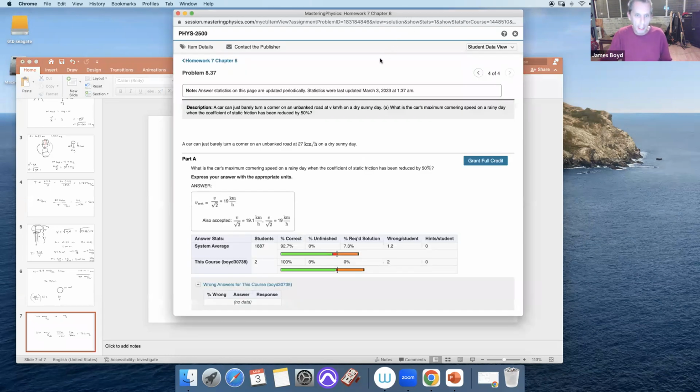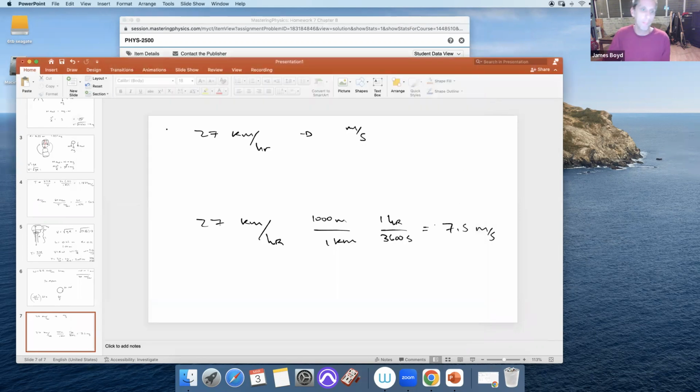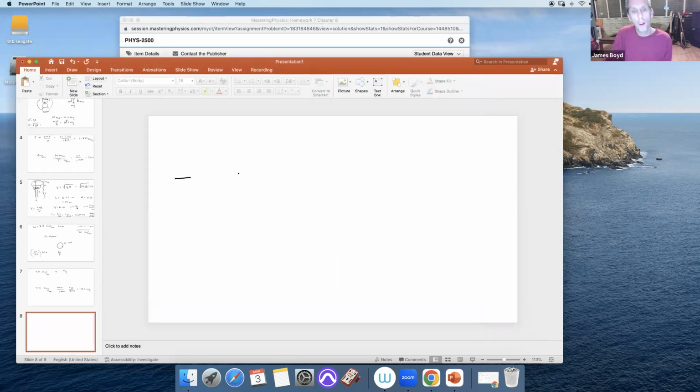Now, what this is saying is the car's maximum cornering speed on a dry day, or 7.5. But what happens when its coefficient of static friction is reduced by 50% because it's raining? So to go back and look at this, when we're on a flat road and we're taking a turn in our car, as we're going along at constant speed, we assume uniform circular motion. We have this a radial to the inside.